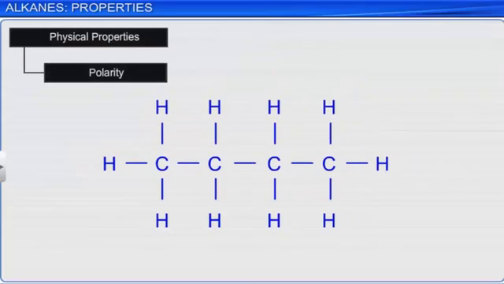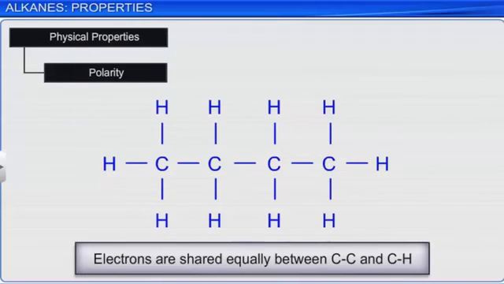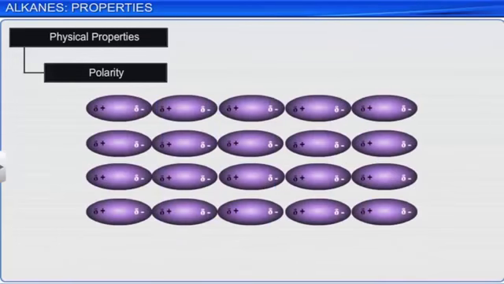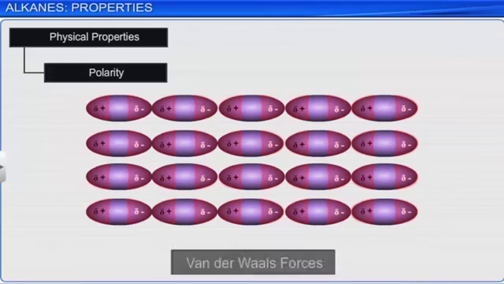These bonds are covalent, and the electronegativity difference between two carbon atoms or between carbon and hydrogen is almost negligible. Hence, the molecules formed are non-polar. This is why the only attractive force acting on these molecules is the weak van der Waals forces.